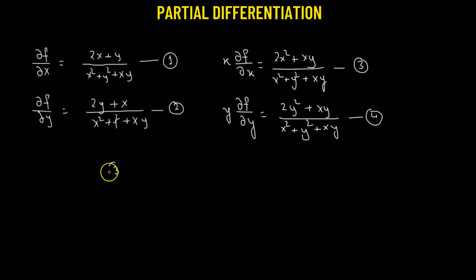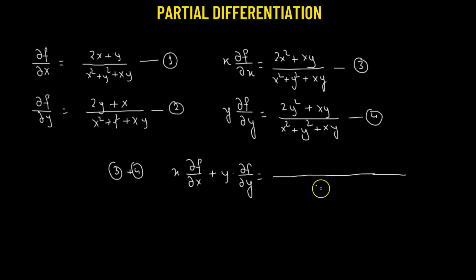Now we'll add 3 to 4, because we have to find the value of x times the partial of f with respect to x plus y times the partial of f with respect to y. Since we have a common denominator, x squared plus y squared plus xy, we add the numerators.